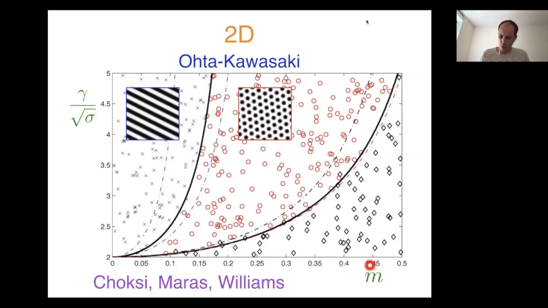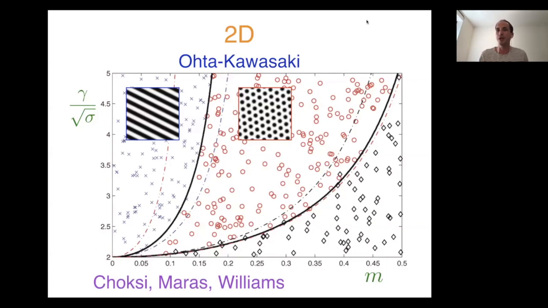So m was the mass ratio. So m equals 0 is the same amount of A and B, just to recall. And also here this axis starts at 2. If it were in the newspaper, you would of course say that is a really bad axis because you should start at 0.